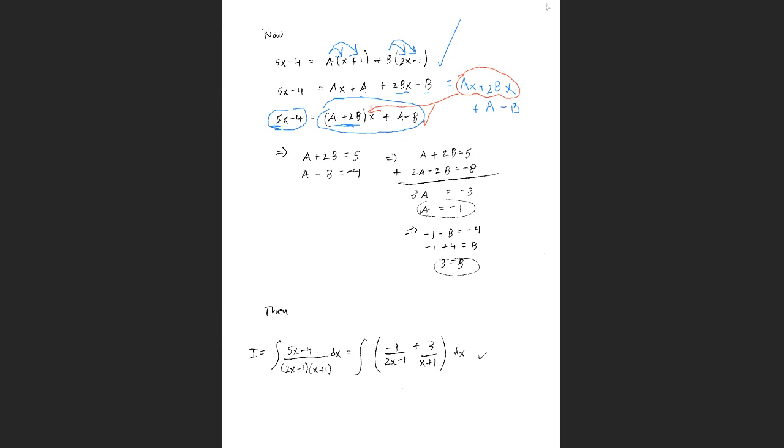Therefore, a plus 2b must equal 5 if the equation's true. Similarly, the negative 4 on the left, well, that's a constant. That'll have to equal the constant term on the right, a minus b. So a minus b equals negative 4.